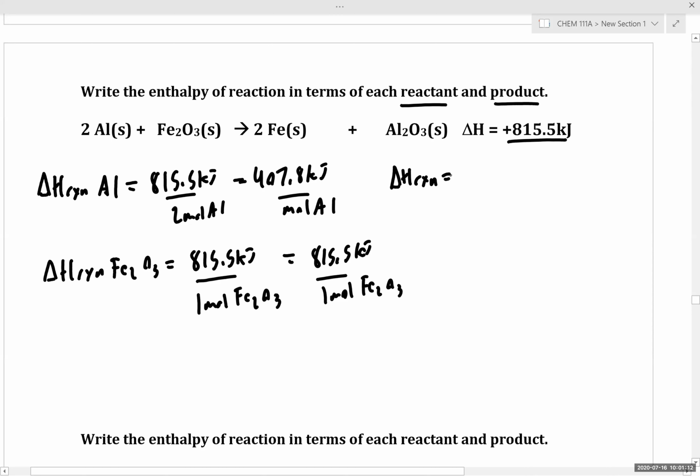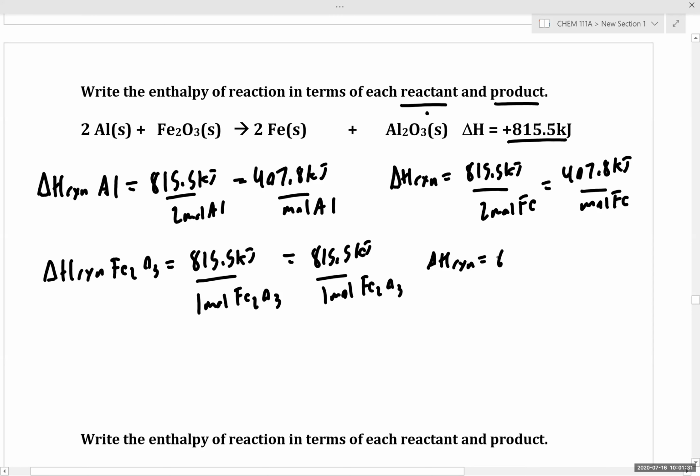The enthalpy of reaction would be 815.5 kilojoules over 2 moles of iron, which gives us 407.8 kilojoules per mole of iron. And finally, the enthalpy of reaction with respect to aluminum oxide would be 815.5 kilojoules per 1 mole of aluminum oxide.